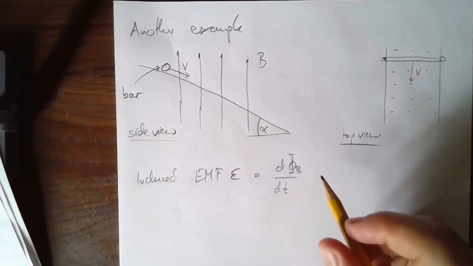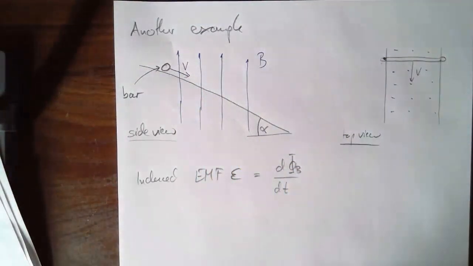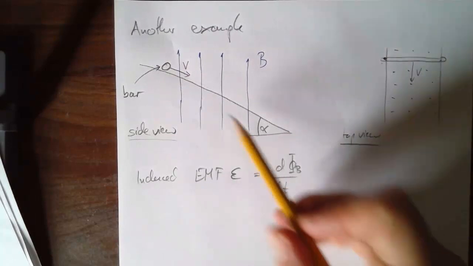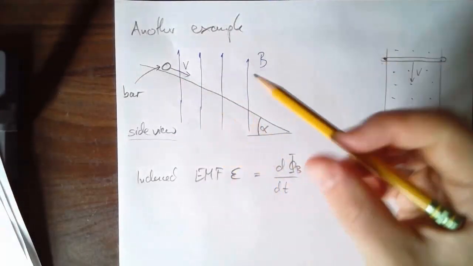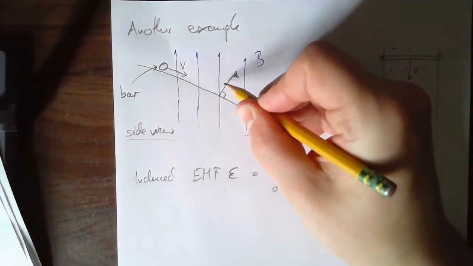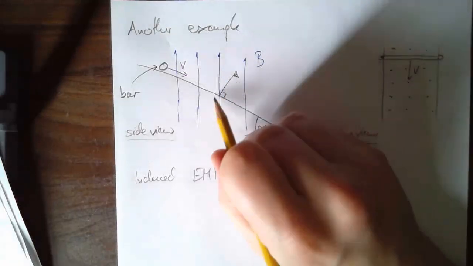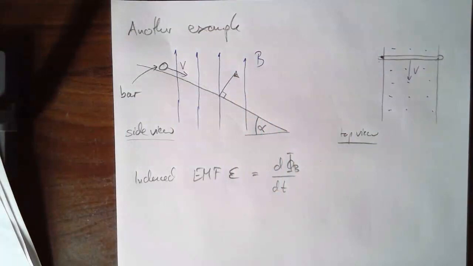The angle isn't changing, but the angle is not 90 degrees, or in other words, it's not 0 between the flag. Right, here's my little flag sticking out at 90 degrees. The angle between the flag, that's the direction of the area vector, and the B field is not 0. It's something.